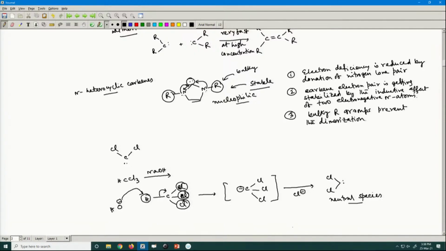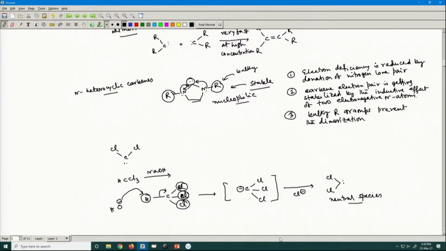So, from the charged species you are getting the neutral species, which has an sp2 hybridized carbon over here. Okay. So, you are starting from chloroform, and from one neutral species you are generating another neutral species in the presence of sodium hydroxide. That is why this reaction is feasible over here.